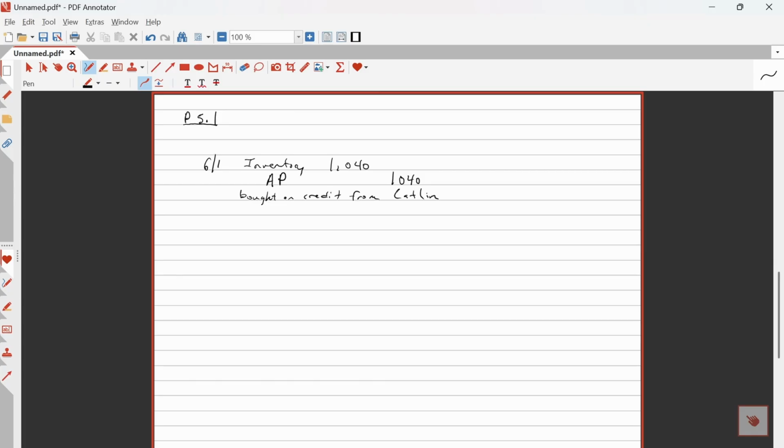And you know what we usually do? Each of our accounts payable accounts that we have with our individual customers, we keep track of in a separate T account. So we have an accounts payable-Catlin T account. And then if we buy from another customer on account, we maintain a separate T account for that customer, accounts payable-whoever. And then we have a master accounts payable T account that simply is the sum of all the balances in the individual accounts payable.